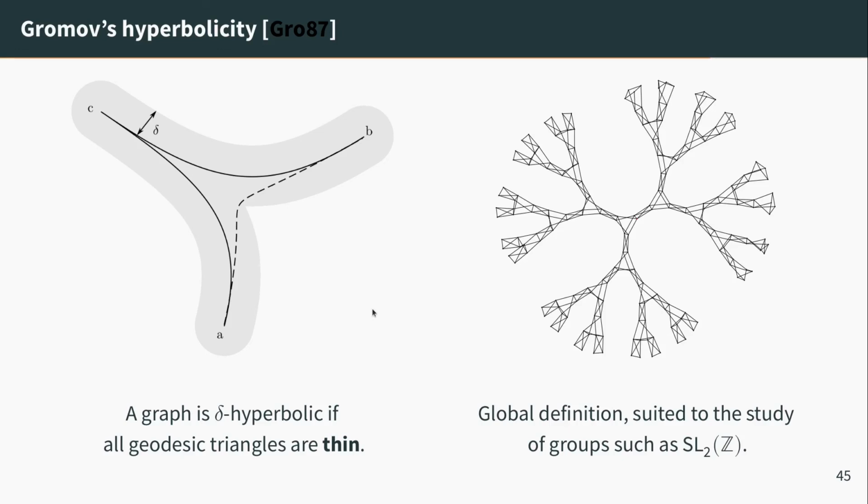The geodesic triangles on a tree are completely degenerate, in the sense that to go from A to B, you have to roll back from A to C, then find the junction, and then go from C to B. Okay, but this notion, Gromov hyperbolicity, the idea of extending this to non-zero values of delta, allows us to consider graphs that look like trees, but are not exactly trees.